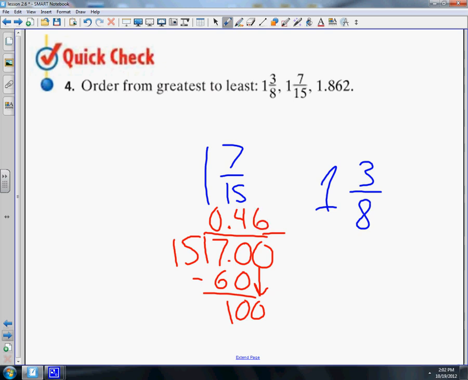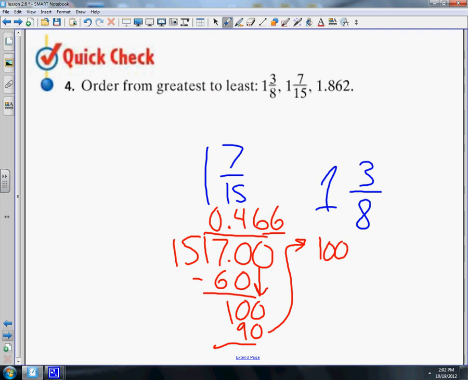So we do 6 times 15, that's going to be 90. 100 minus 90 is going to be 10. And if we bring down another 0, we can see that 15 divides 100 6 times like before. And from the looks of it, we're going to get 90, and then you subtract them, and we'll get 10, and this is just going to keep going on forever.